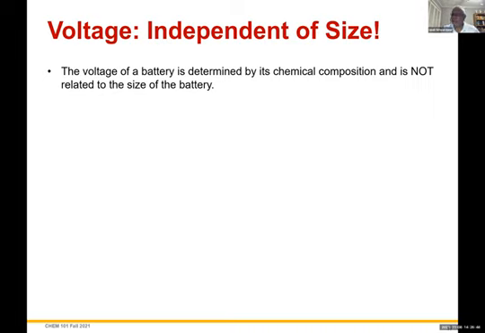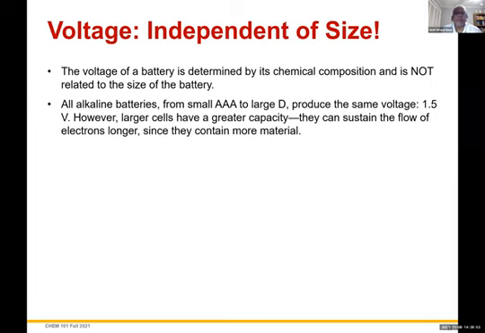Alkaline batteries: small is AAA, large is D batteries. They produce the same voltage because the chemical reaction is the same, but they have different sizes and greater capacity.